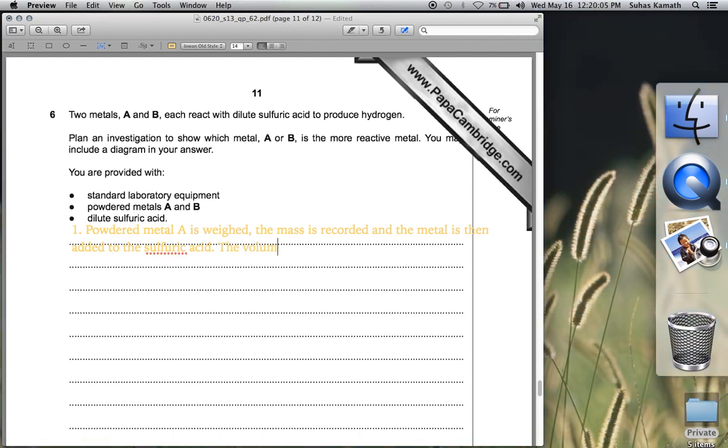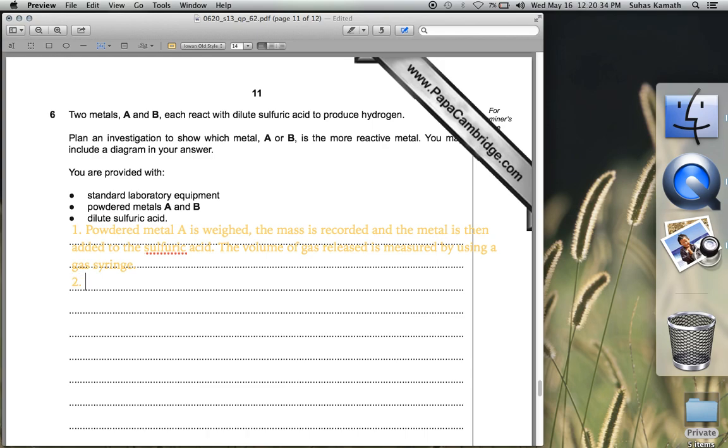The volume of gas released is measured by using a gas syringe. Remember that syringe begins with S, not C. C is wrong.